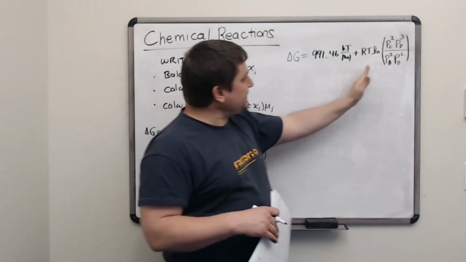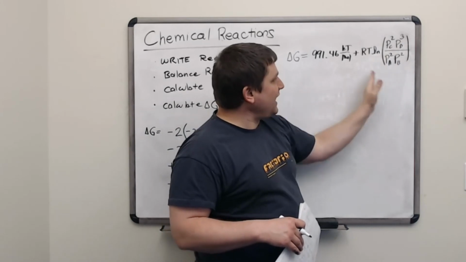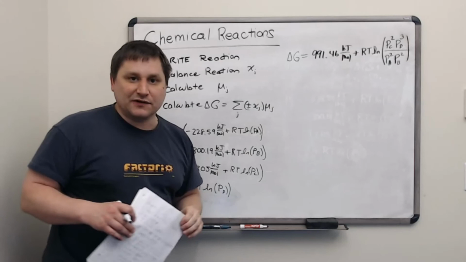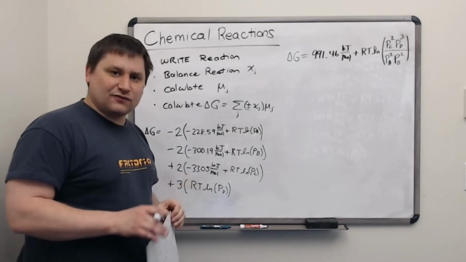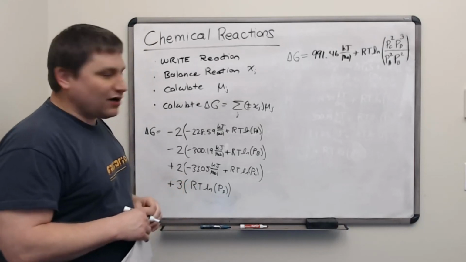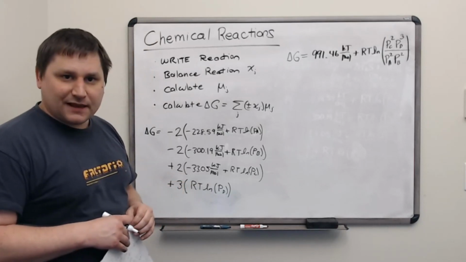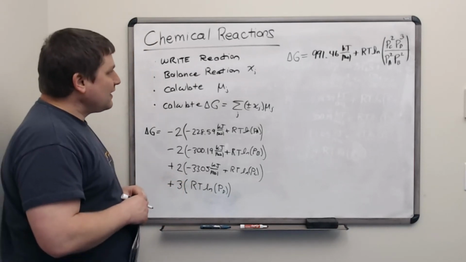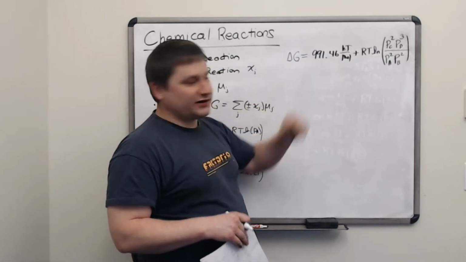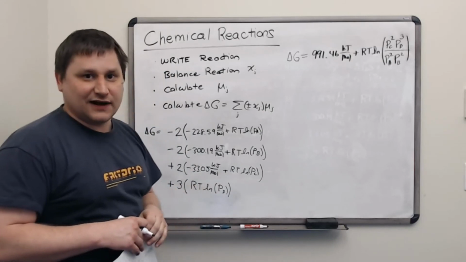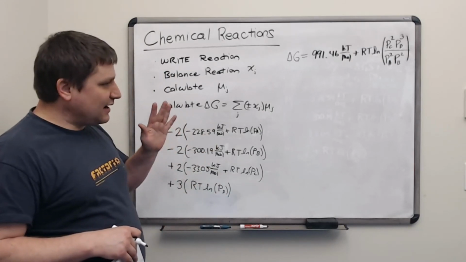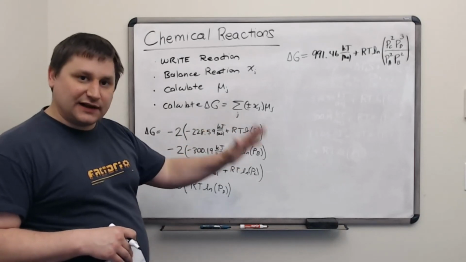So the second term here is going to have to be pretty small to make this thing balance up to zero. So this is a reaction where we can say with pretty strong conclusion that this reaction is going to strongly want to go in reverse, right? The products have a much higher Gibbs energy than the reactants.